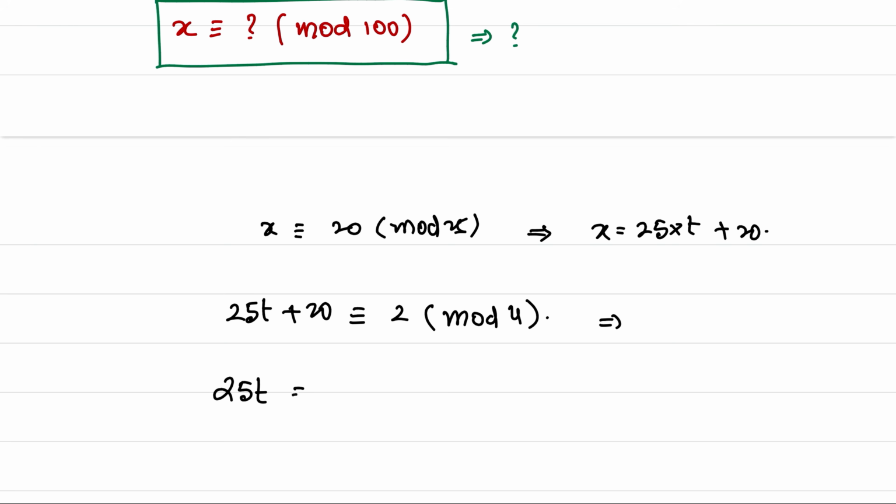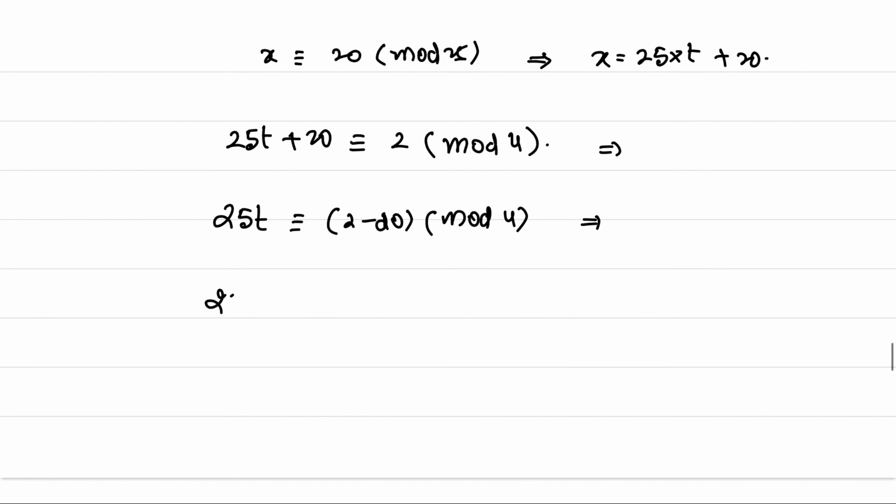25t is equivalent to 2 minus 20 mod 4. Please pay attention here. That will be equivalent to 25t equivalent to minus 18 mod 4.